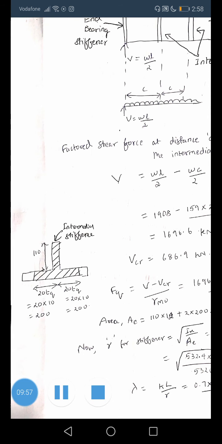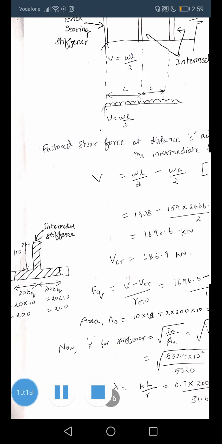The maximum permissible outstand is 20 TQ. From the midpoint of the intermediate stiffener on each side, 20 TQ will be the outstand, so that portion has to be considered. The shaded region in this figure is the total area that needs to be calculated for finding buckling strength.